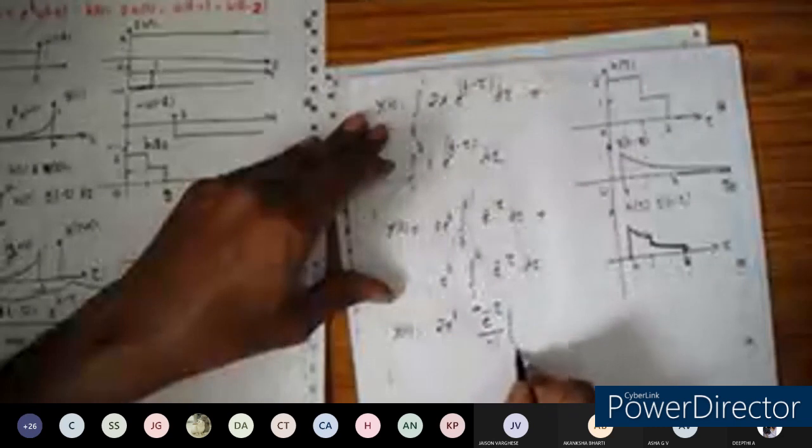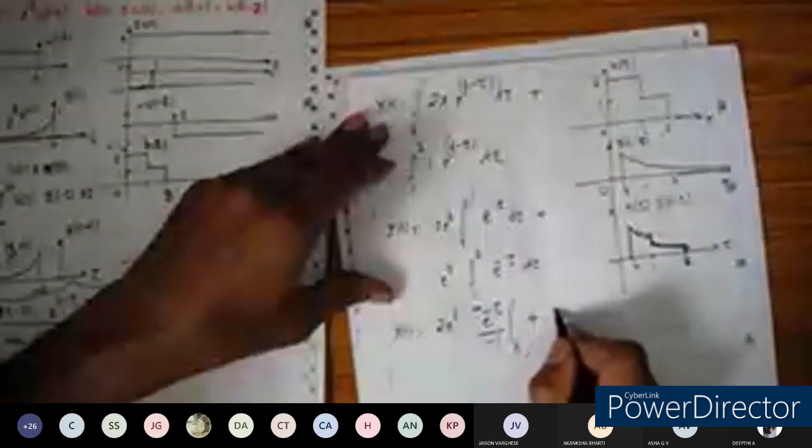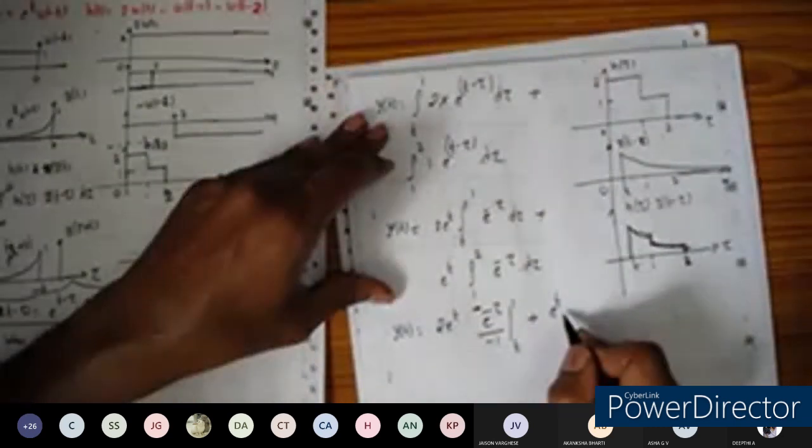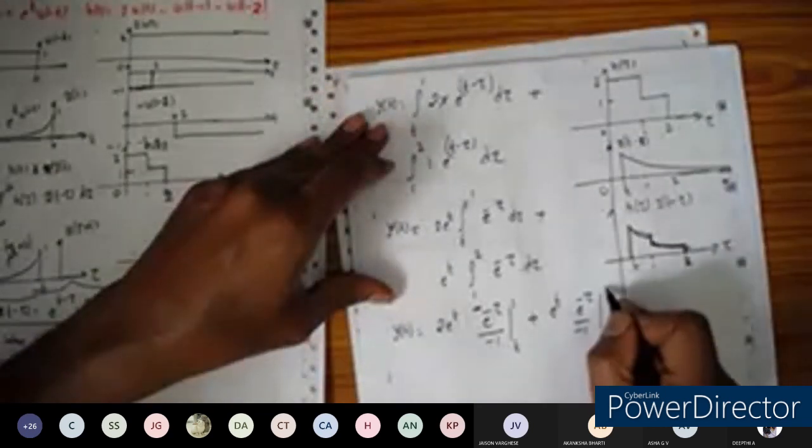So do integrate this one. We'll get 2 into e to the power of t. The integration of this one is e to the power of minus tau divided by minus 1, the limit is from t to 1, plus e to the power of t into e to the power of minus tau divided by minus 1, the limit is from 1 to 2.